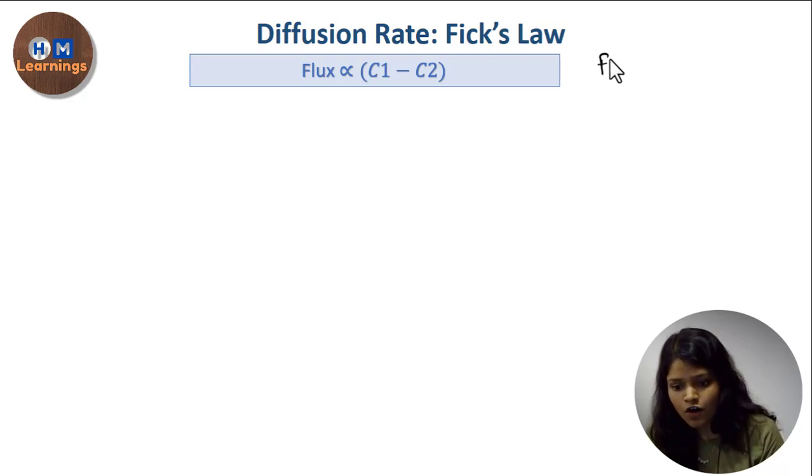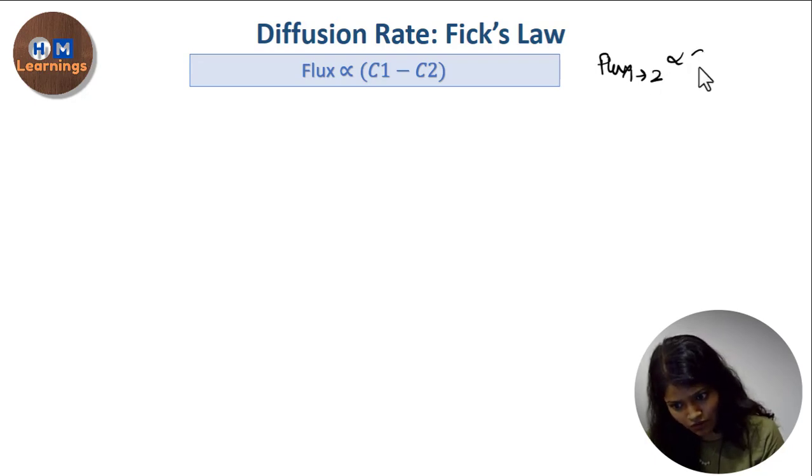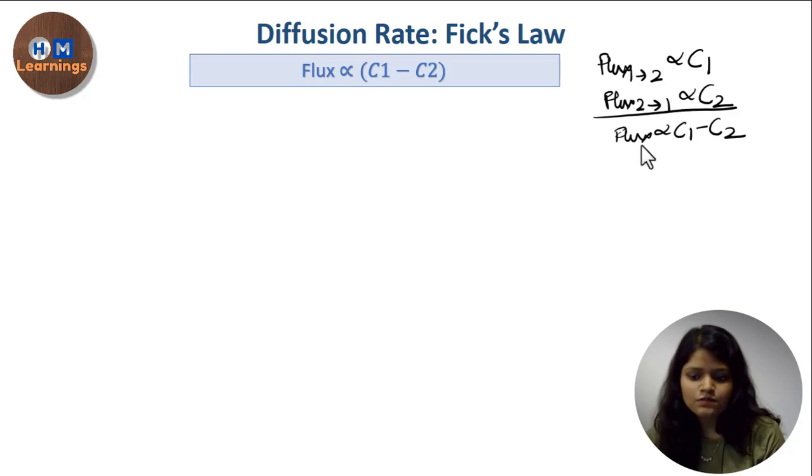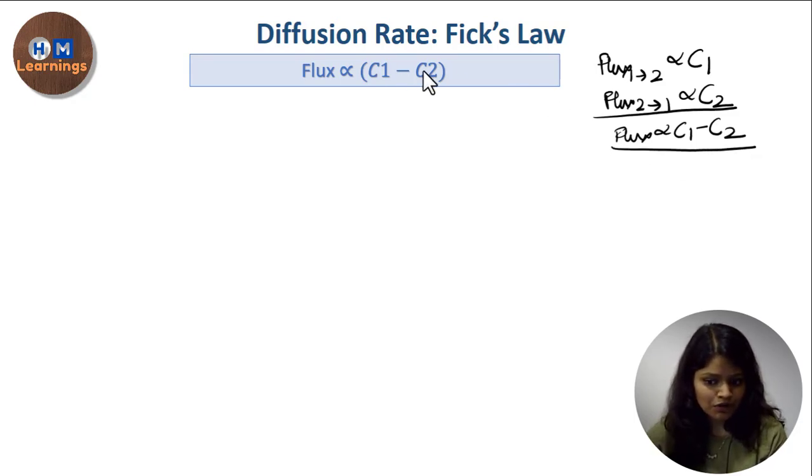So flux from side 1 to side 2 is directly proportional to the concentration on side 1, and flux from side 2 to side 1 is directly proportional to the concentration on side 2. So the net flux will be directly proportional to the concentration difference between these two sides, which is written here.